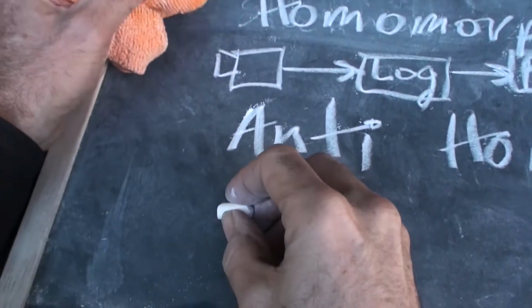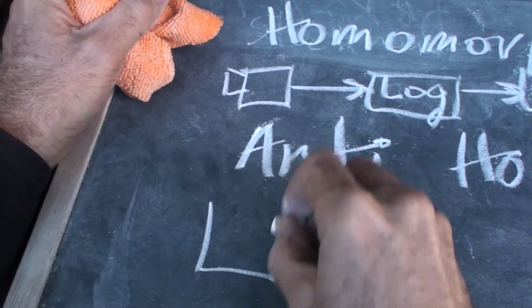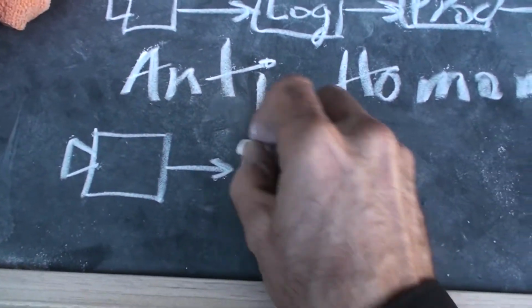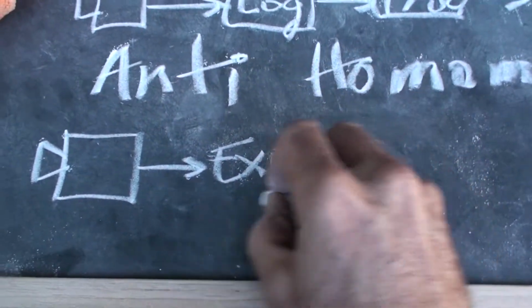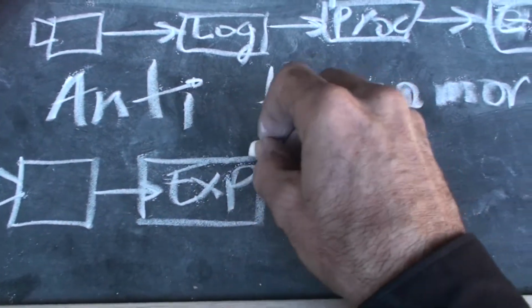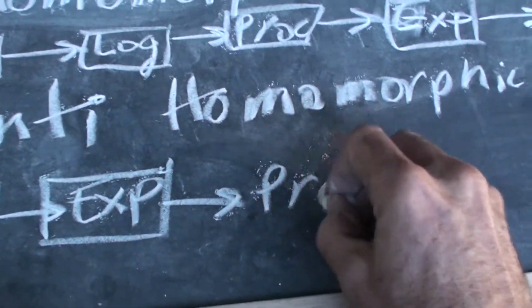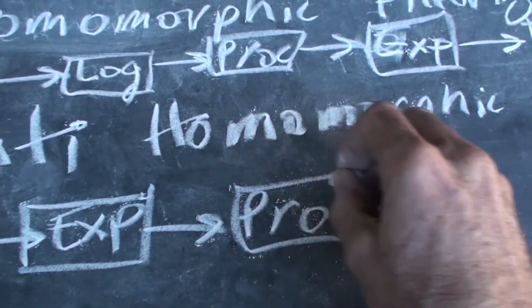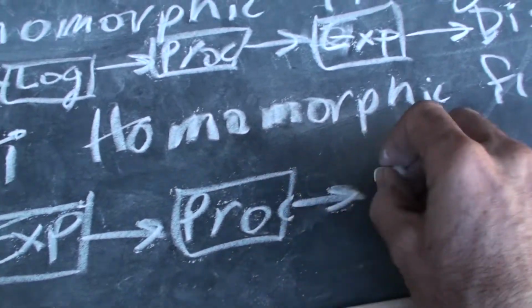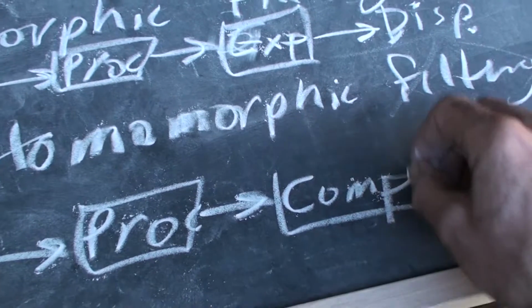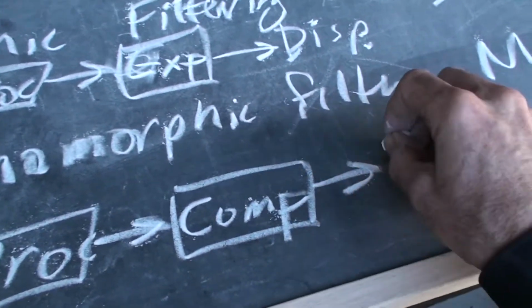What I propose that we do is we take the input from the camera, whatever's coming from the camera, and we put it through an expander, which could be an anti-log function, or it could be a square function or a cube function. And then we process the images or store them or do modifications on them, and then we run them through a compressor, and then we put them into the display.